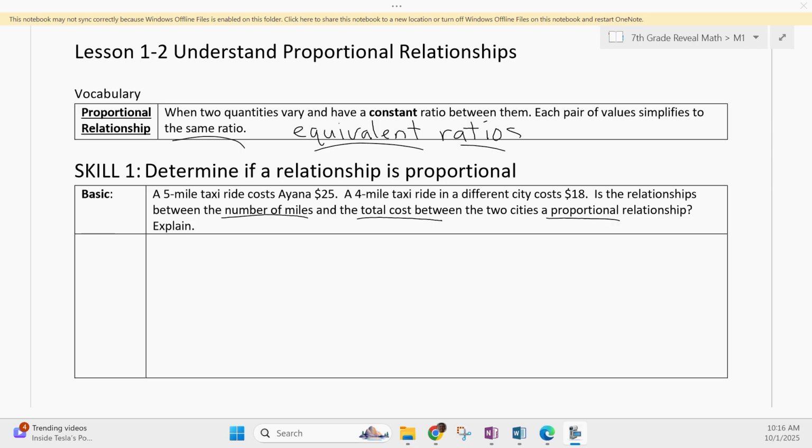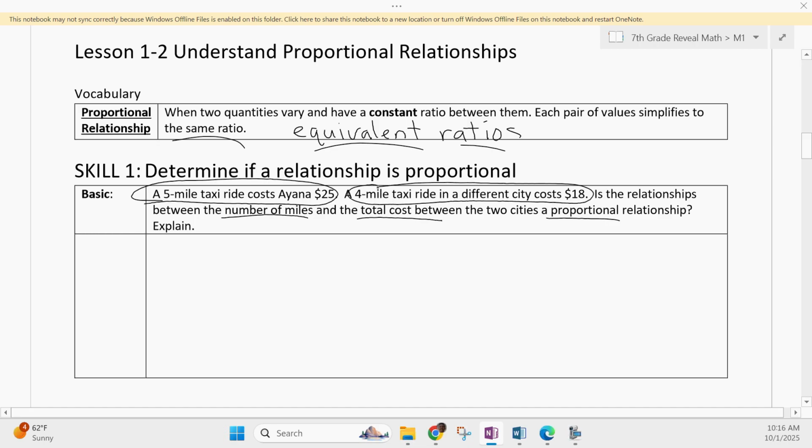So we have the basic one here. It just gives us two different ratios here. We got the one here that says a 5-mile taxi ride costs Ayana $25, and then in this other city we have it's $18 for 4 miles. Now let me ask you guys, which unit rate would be better to find?